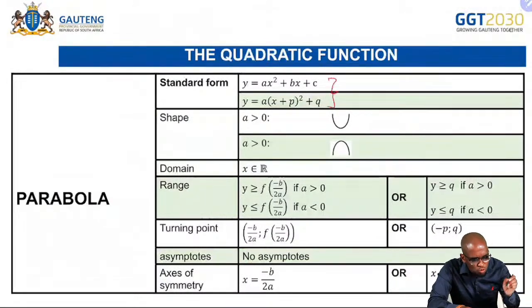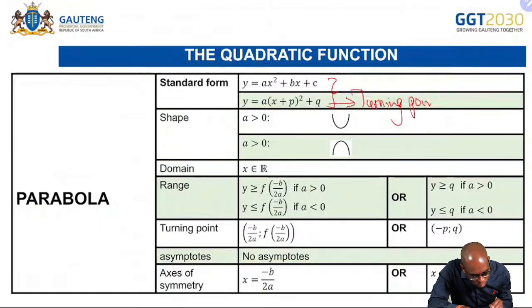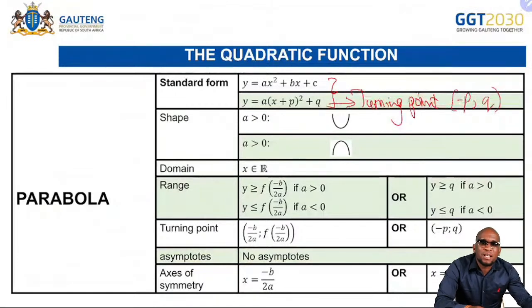Now we have two basic standard forms in this case. This one is called the turning point form. This is the turning point form because in this form, minus p, q represents the turning point.